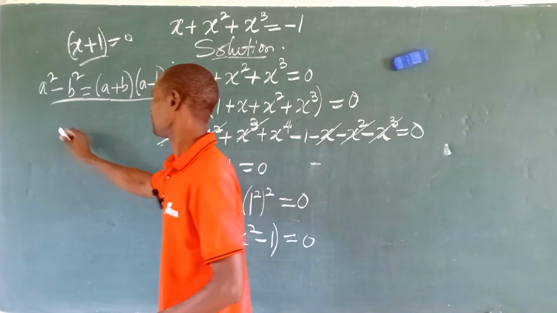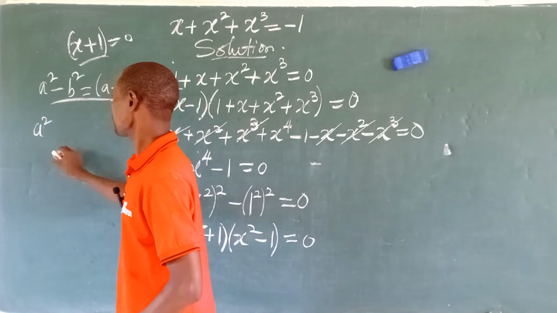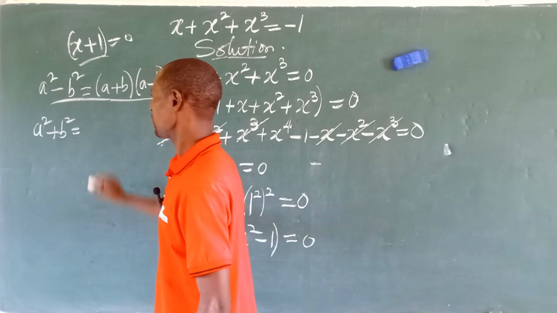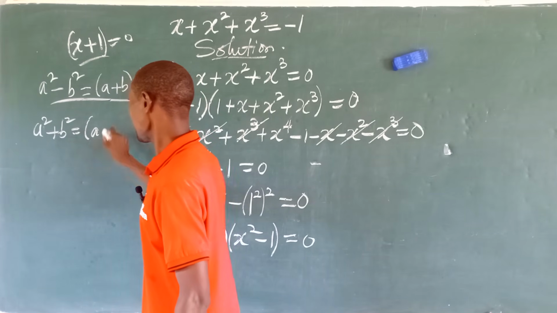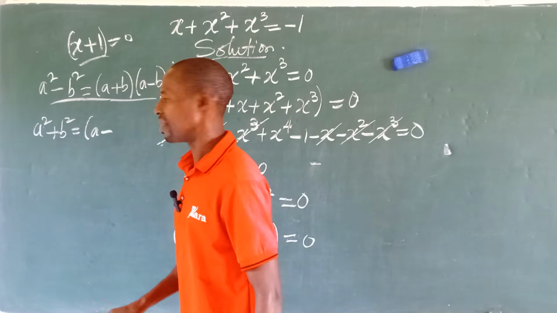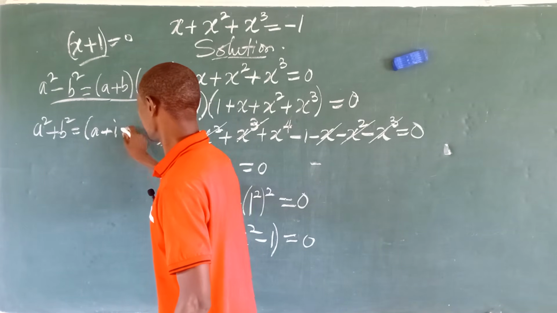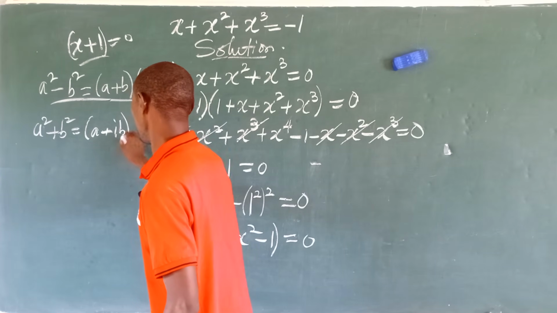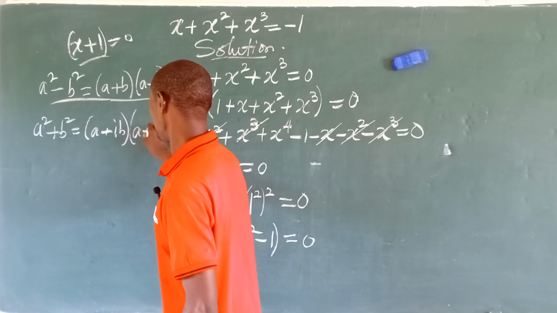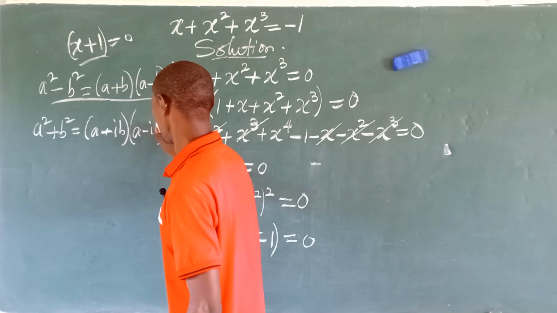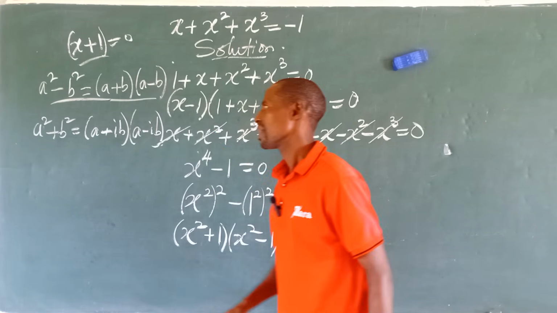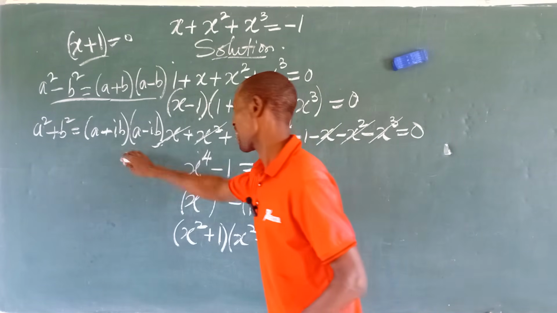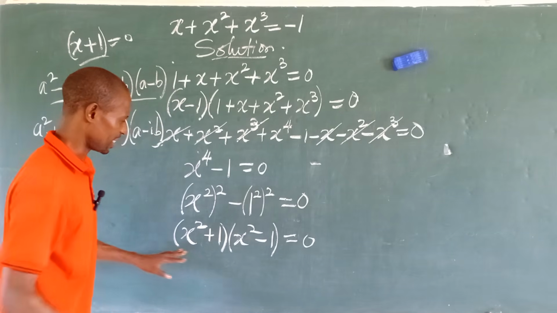It says that if you have a to the power of 2 plus b to the power of 2, this is equal to (a plus iota b)(a minus iota b). This is our sum of 2 squares, right? Good.